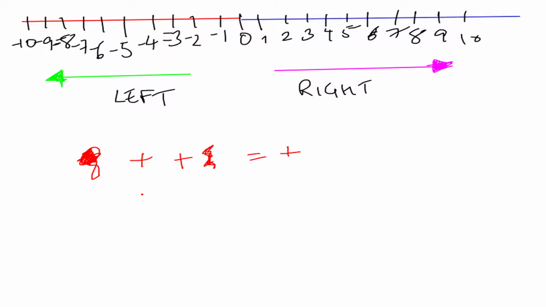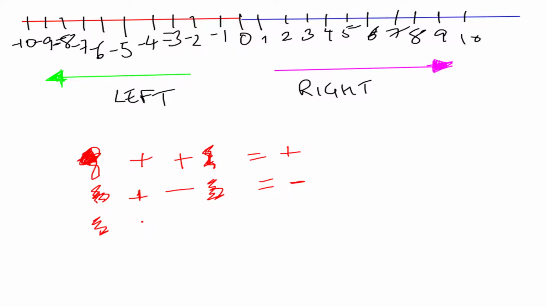If you have a number, I don't want to use x and y as examples just because we're not doing algebra here, but say a number plus a negative number, the negative overrides the positive, so the middle becomes negative.